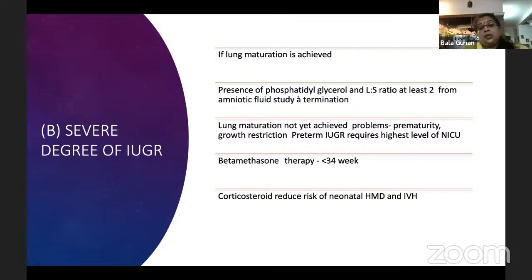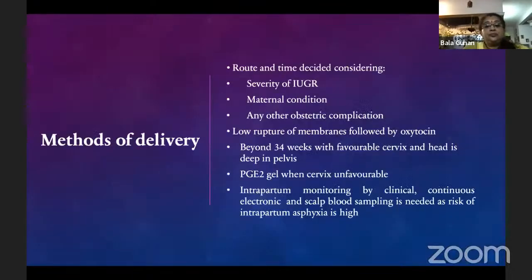So steroid injections, betamethasone therapy, are given if the gestation is less than 34 weeks. No additional benefit is seen if steroids are given later than 34 weeks. Corticosteroids reduce the risk of neonatal hyaline membrane disease and intraventricular hemorrhage.